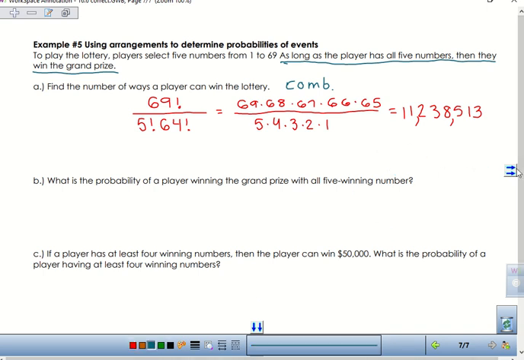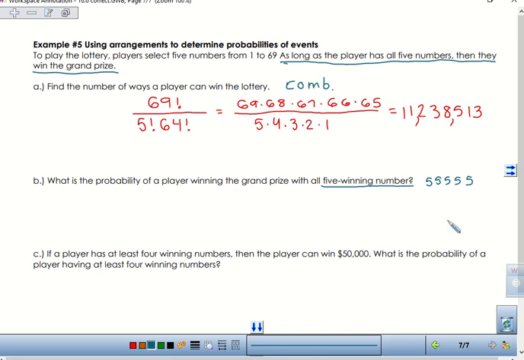All right. So the next one says, what is the probability of winning the grand prize with an all 5 winning number? So all 5 winning number is they're saying it would just be like getting 5, 5, 5, 5, 5. Getting all those 5s, there's only one way that can occur, right? Because we've decided this was a combination.